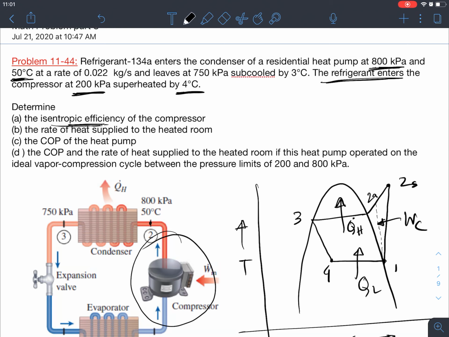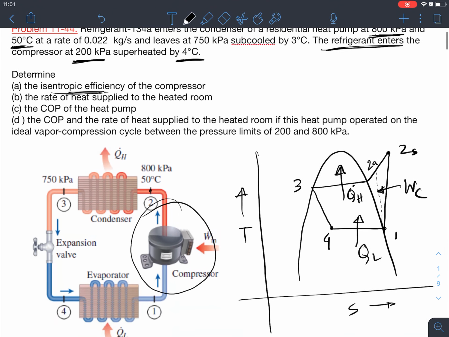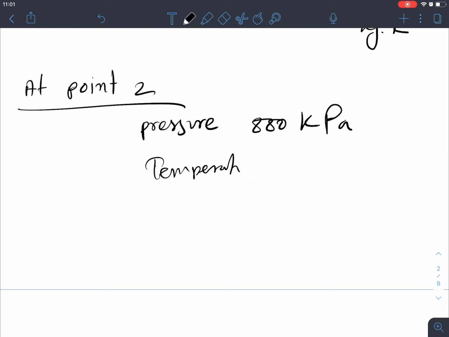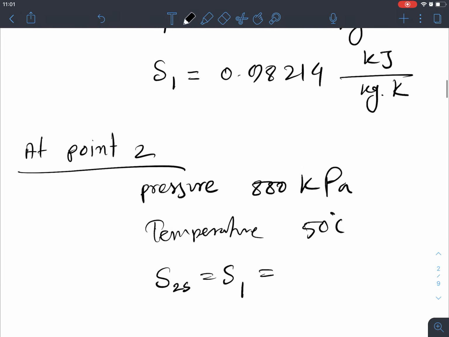Now let's take a look at this pressure, 800 kilopascal. At state 2, the pressure is 800 kilopascal and the temperature is 50°C, and the entropy S2s equals S1, which we got from this one, 0.98214.